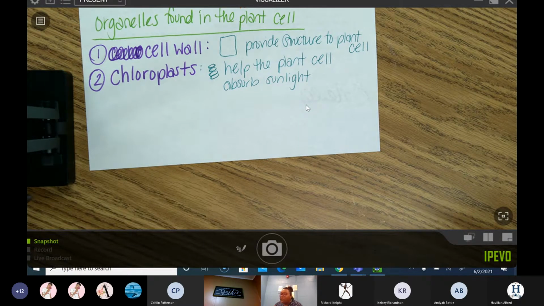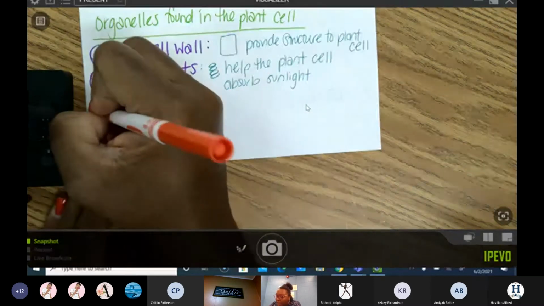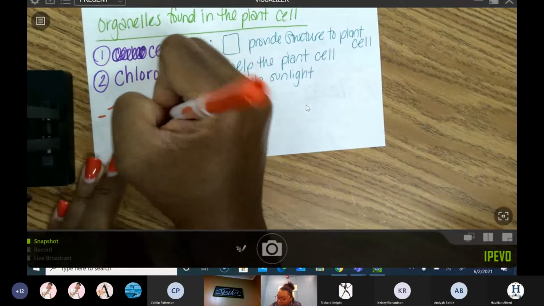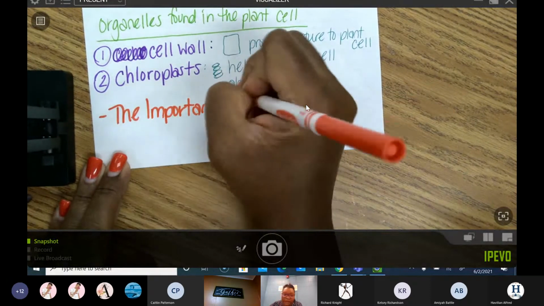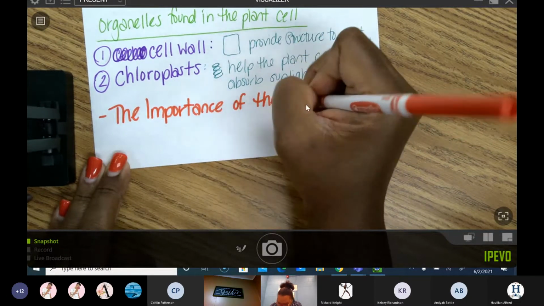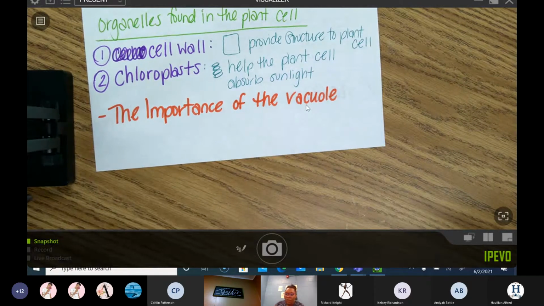So you'll notice that the vacuole of the plant cell is much larger than the vacuole of the animal cell. Okay? And so in our notes, the next thing we're going to write is the importance of the vacuole. The importance of the vacuole.